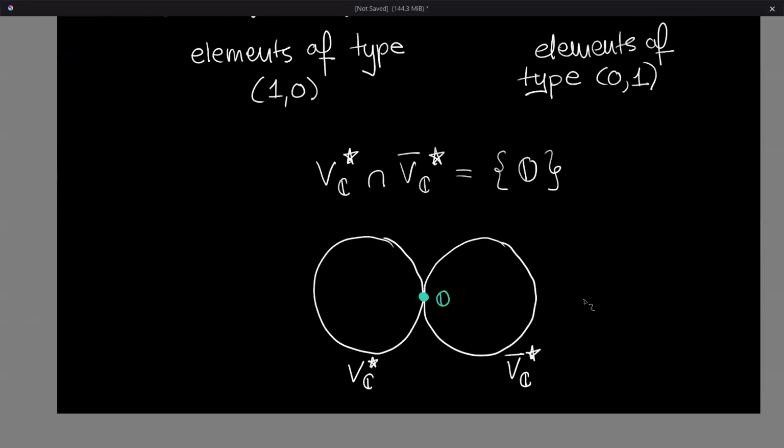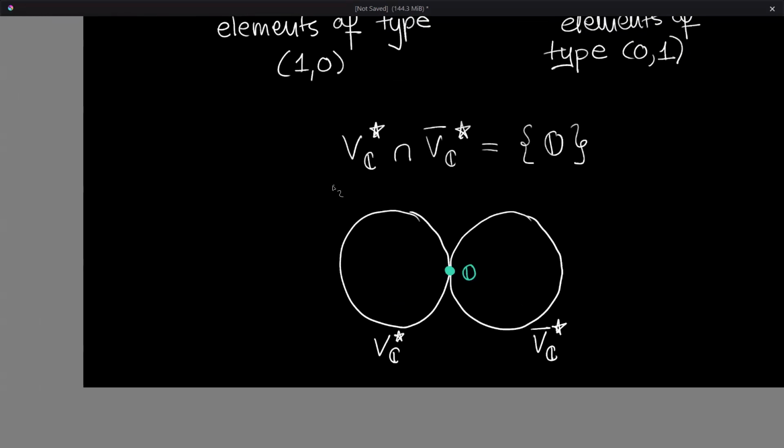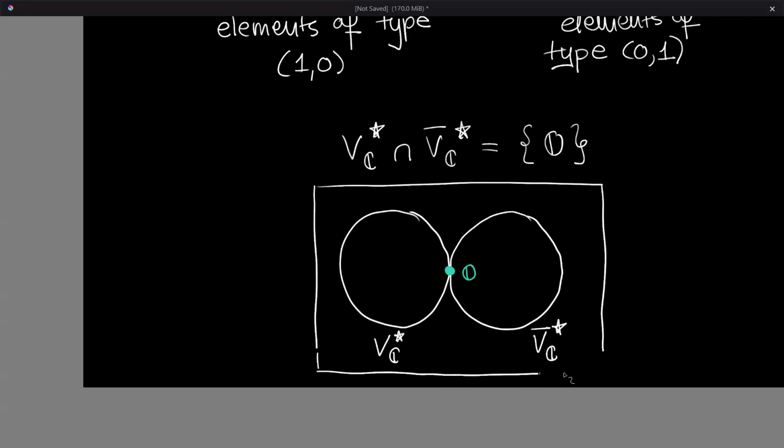And these are the two eigenspaces of J. Now, mind you that all of V star cross C, let me draw that out first. So let's say that this is V star cross C. It's bigger than this.